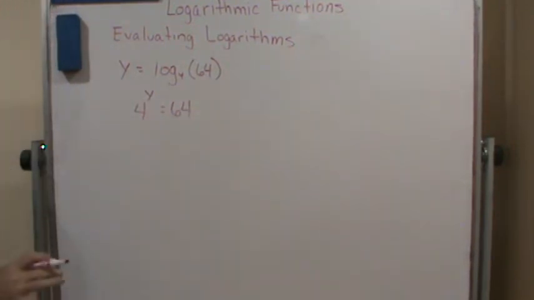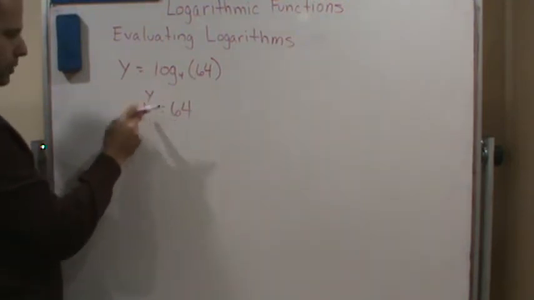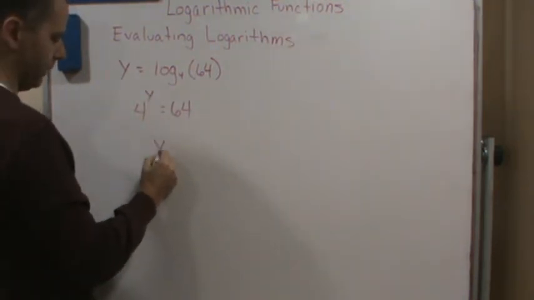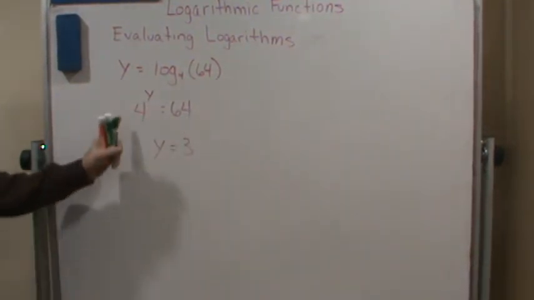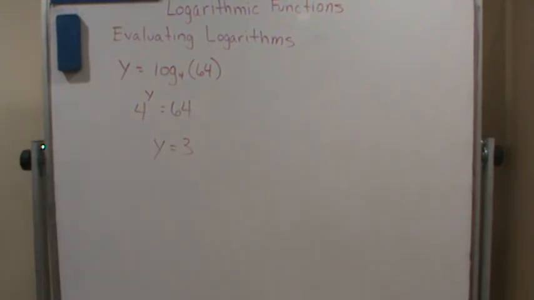And so if I know my powers here, I know that this is going to be 3, because 4 squared is 16, and 4 times 16 is 64.